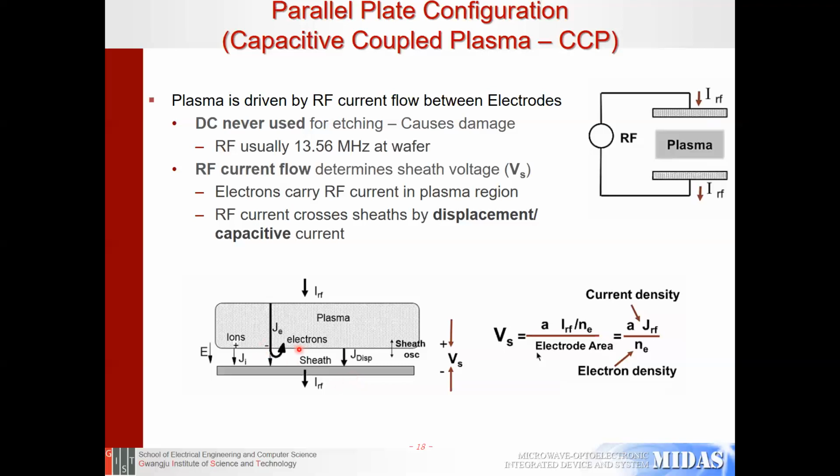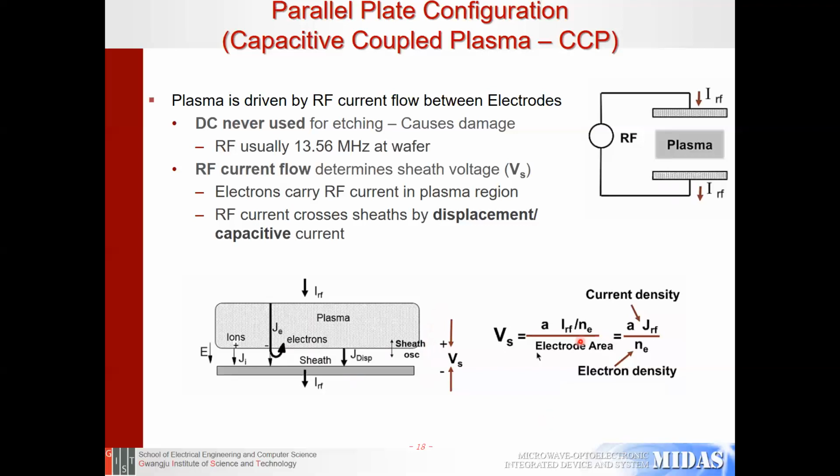But at the boundary here, we don't have any electrodes. So the way we get our oscillating charge is by this oscillating sheath. The sheath depletes into the plasma, and then it undepletes. So the sheath is oscillating up and down, which gives us charge per unit time and allows the displacement current to flow across the sheath.